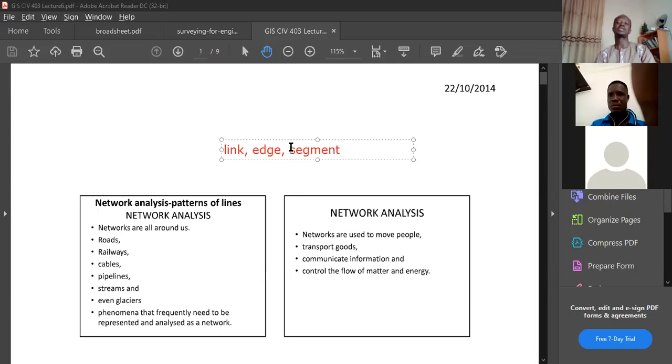All these mean the same thing: the line between two nodes. So when you look at a road, we have this interconnectivity between edges.